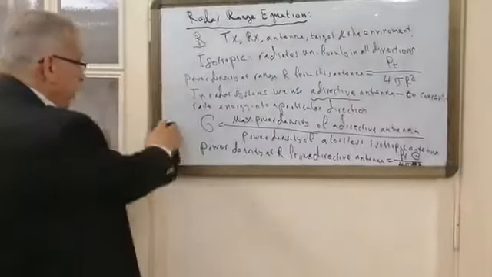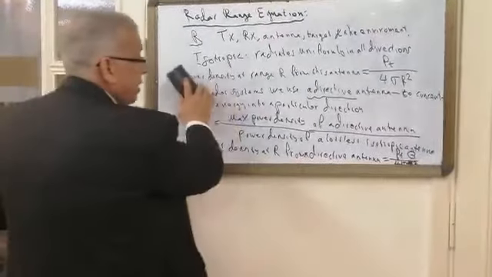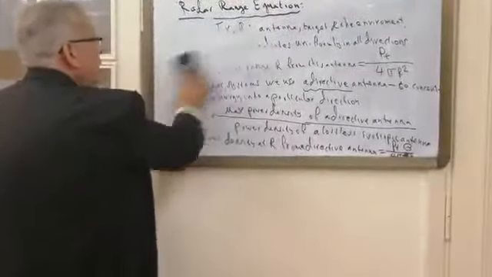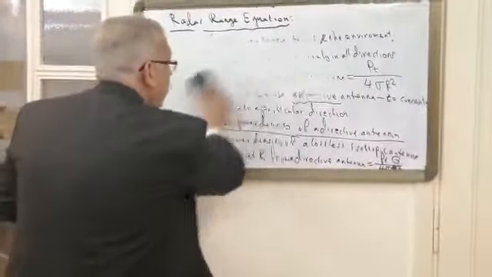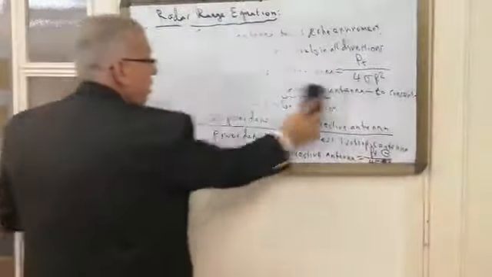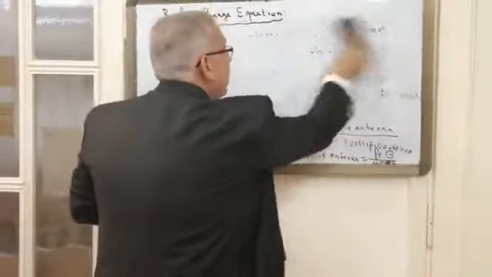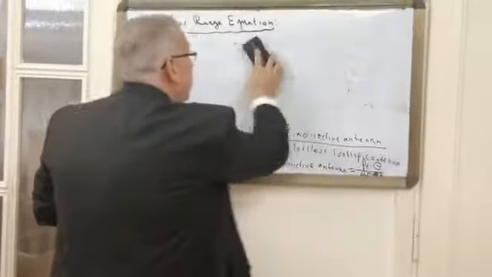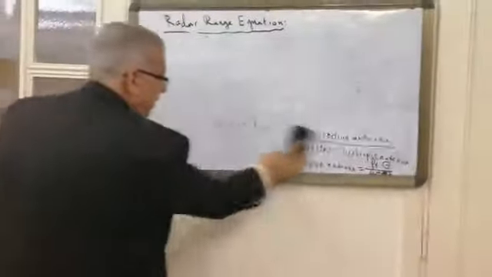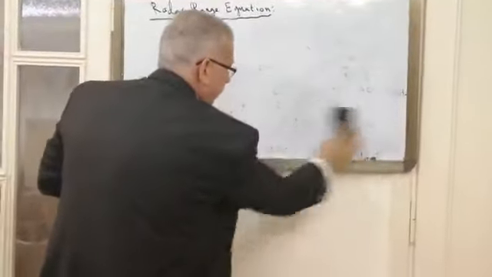Now I am going to introduce the characteristics of the target, which we call radar cross section of the target. It's a characteristic of the target that is included in the radar range equation.